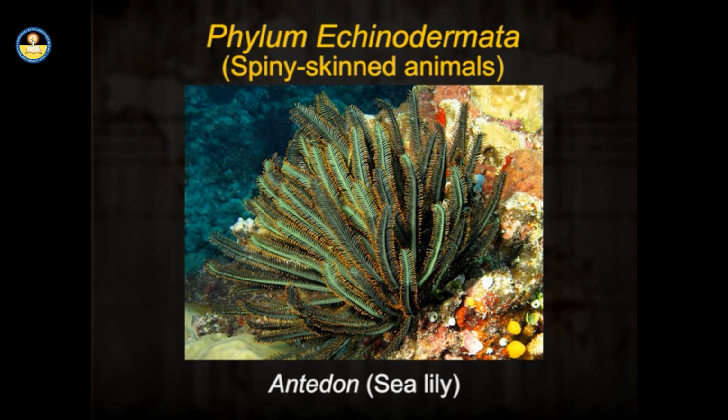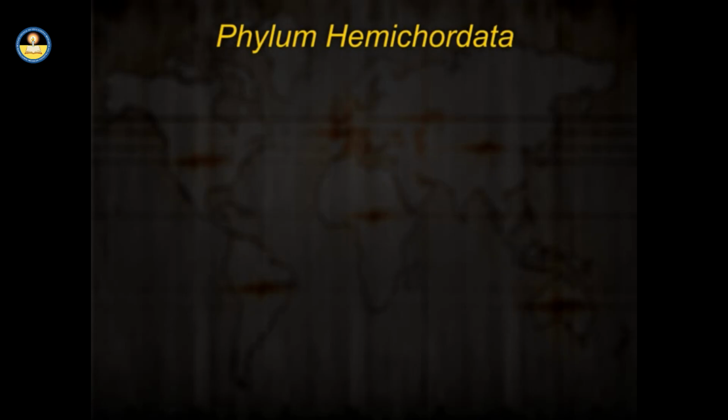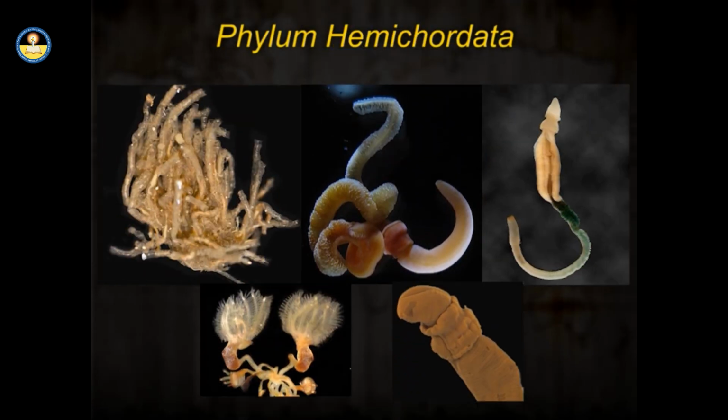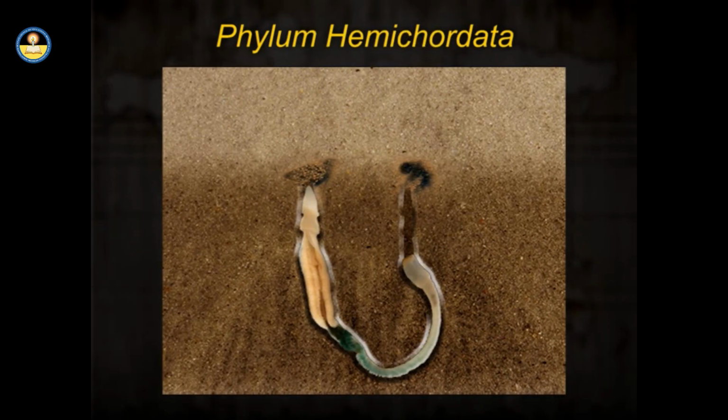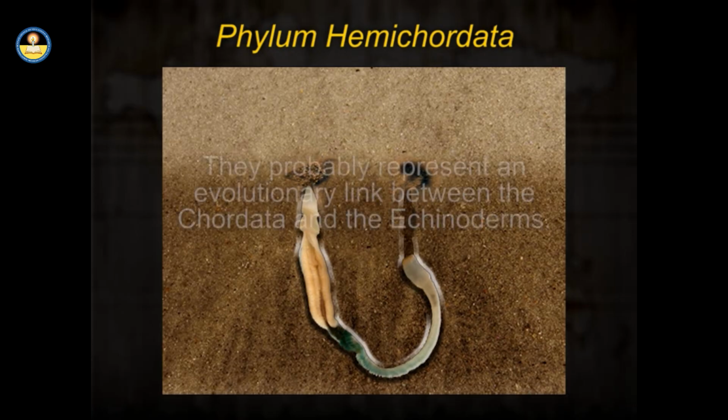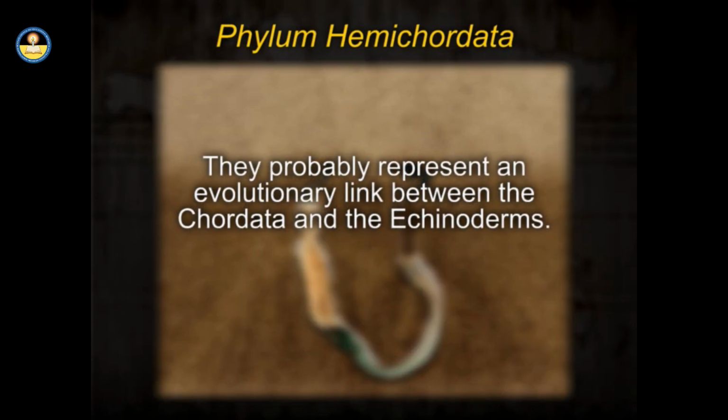Antedon, sea lily. Phylum Hemichordata. The hemichordates are soft-bodied, worm-like marine organisms which are often found in U-shaped burrows on sandy or muddy sea bottoms. They probably represent an evolutionary link between the chordata and the echinoderms.